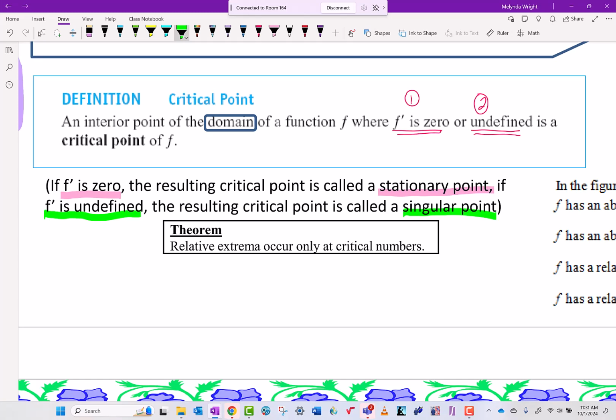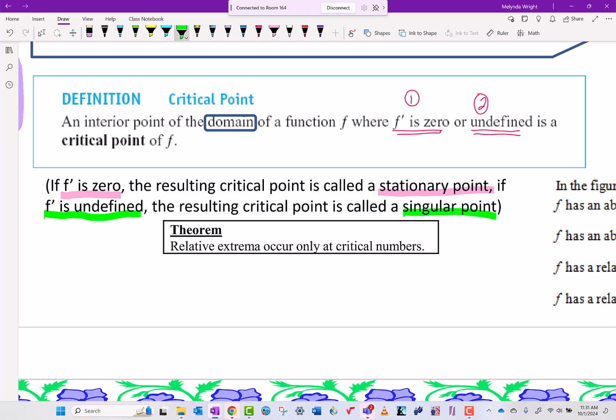All right, so let's talk about these points. I've put them on a formula quiz before, and sometimes it'll just say stationary point, and you have to say what it is. Stationary point means f prime is 0, a critical point where f prime is 0.